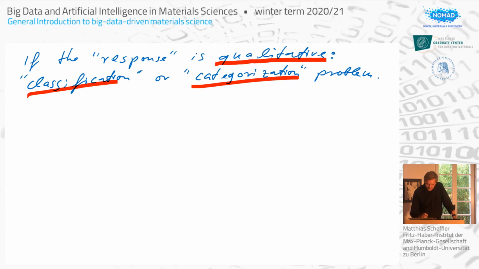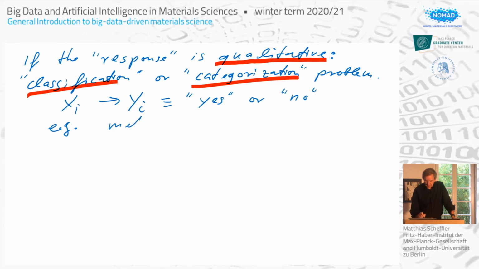In other words, we also have this direction: xi somehow determines yi, but yi is not really a number, it's more or less a yes or no value. For example, you just asked, is this system a metal or an insulator?